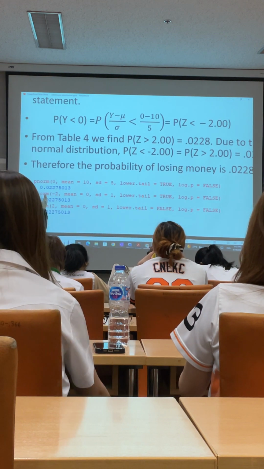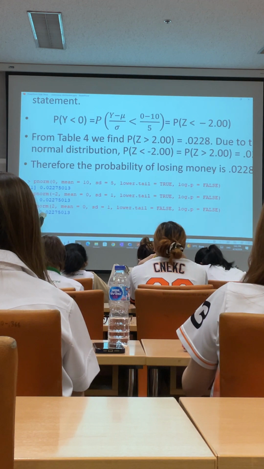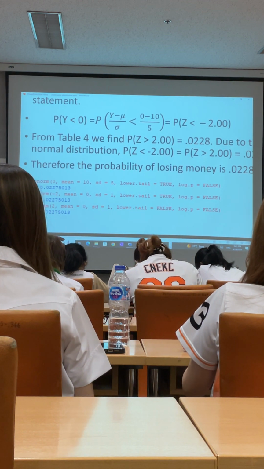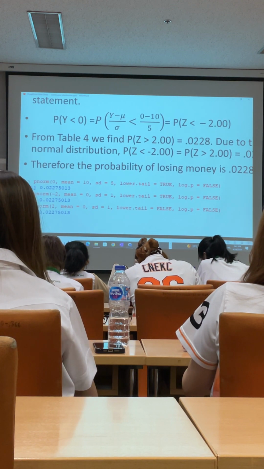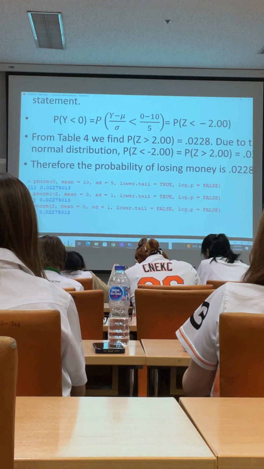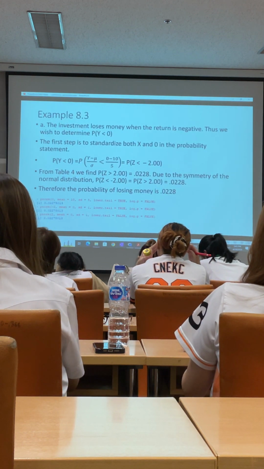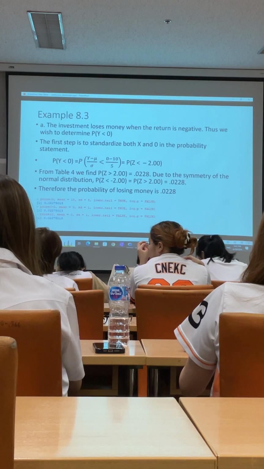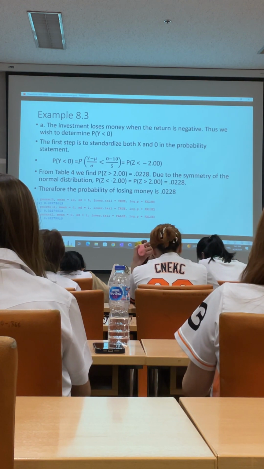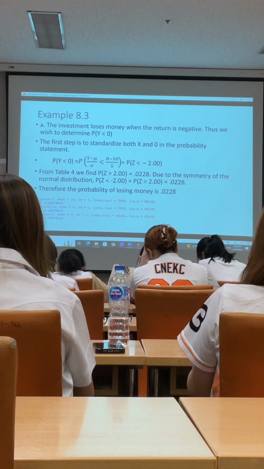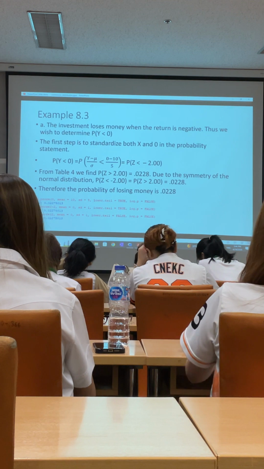I want the same thing that is shown in the table, and you can see that it's the same, 0.02275. So if you know how to use R, then you don't have to convert at all. You can just type in the mean, the SD, what you want less than or equal to, and then specify lower.tail to be true or false, and you can get the correct answers here.